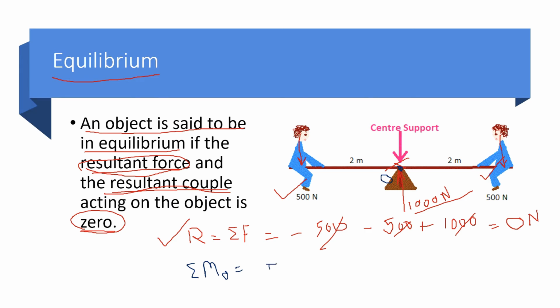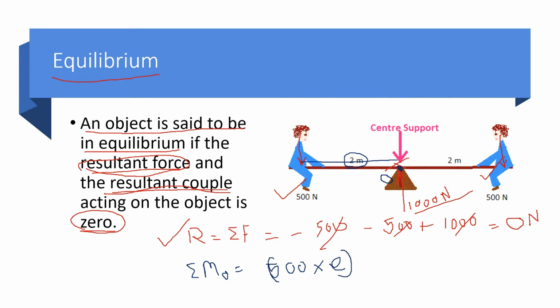We know moment is force into perpendicular distance. The distance from here to the support is given as 2 meters. So 500 into 2 will give the first moment.